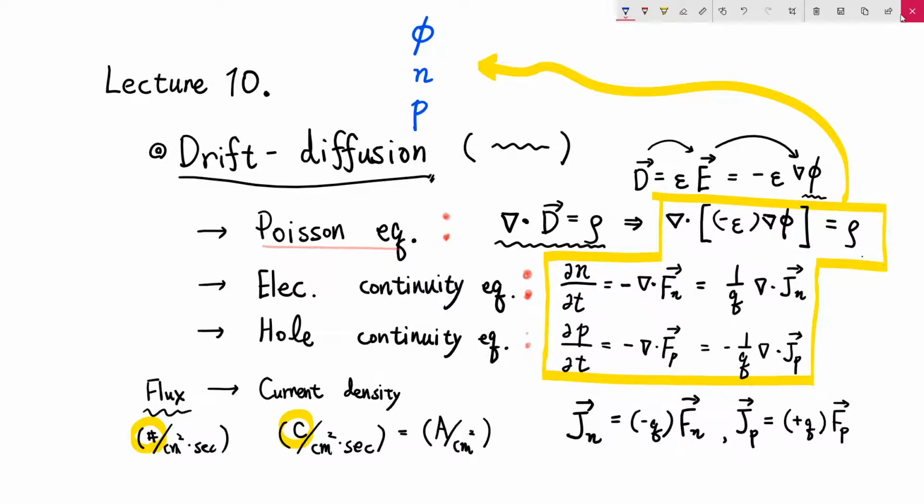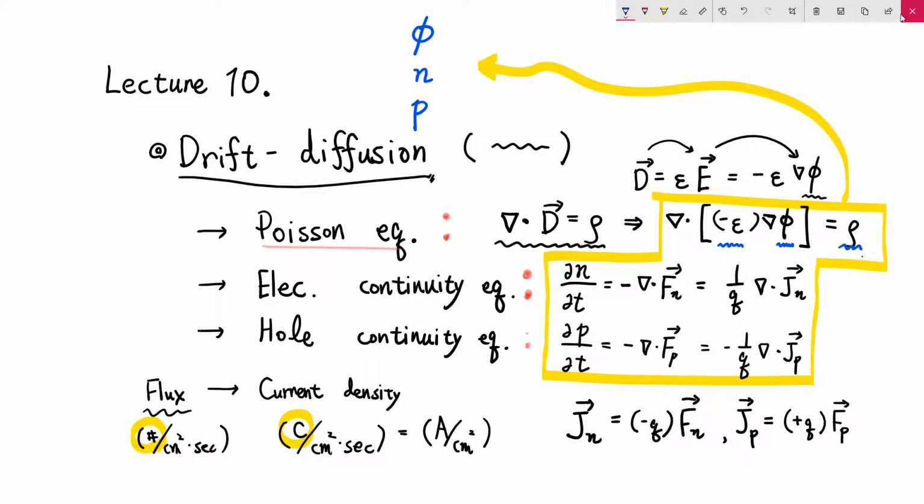When we look at this equation, phi is an unknown variable, and epsilon is a material dependent parameter, and you know it.